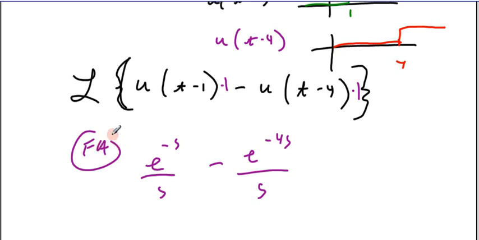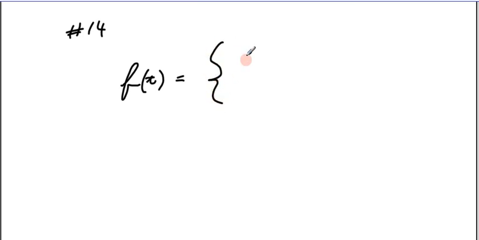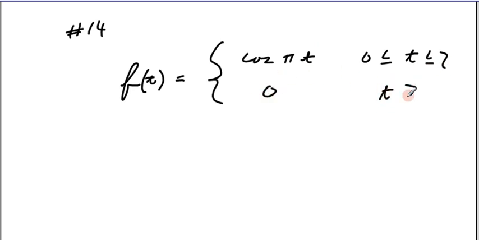Okay, now I'm going to do number 14. And I have f of t is going to be cosine pi t, 0 less than or equal to t less than or equal to 2. And it's going to be 0 for t greater than 2.